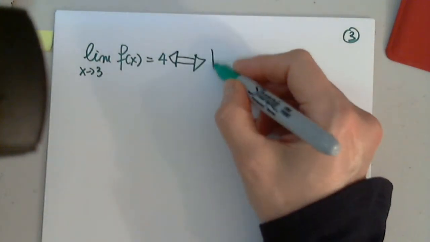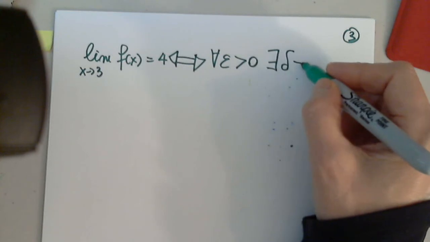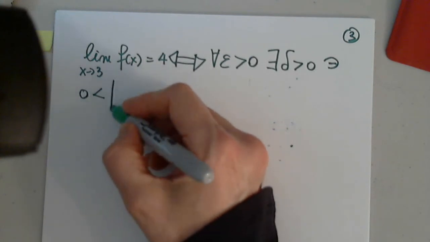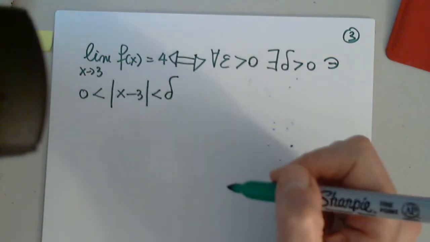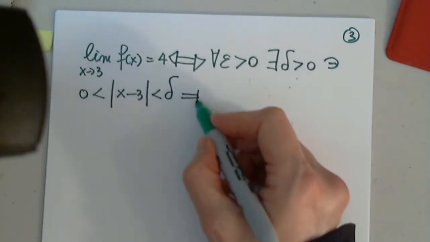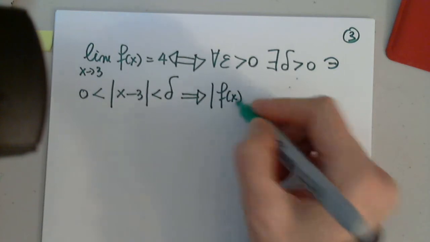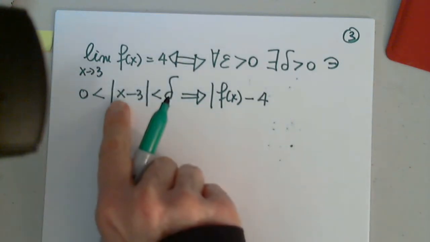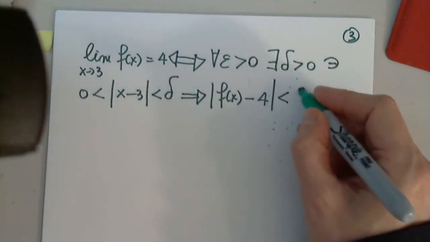a double equivalency. For every epsilon positive, we will find a delta positive such that every time we pick x with a distance from 3 less than delta, it's guaranteed that the distance between the value of the function at this x that we just picked and the limit 4 must be less than epsilon.